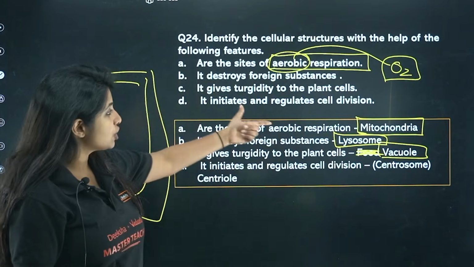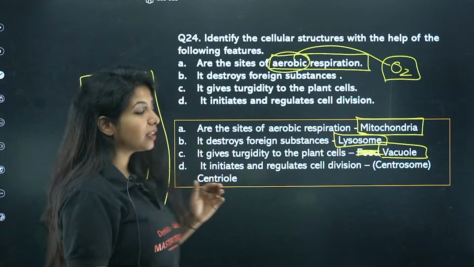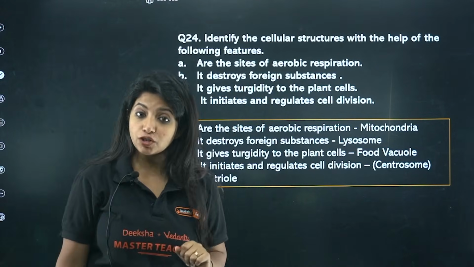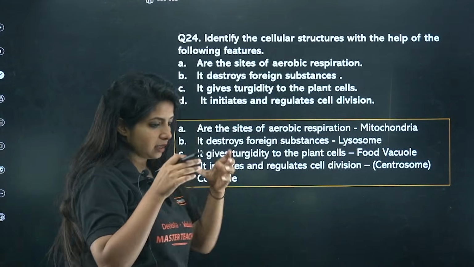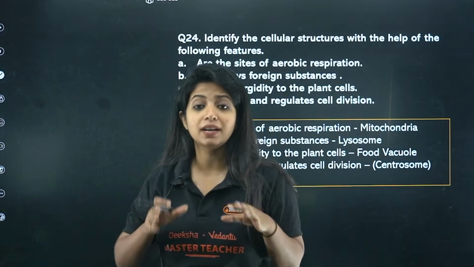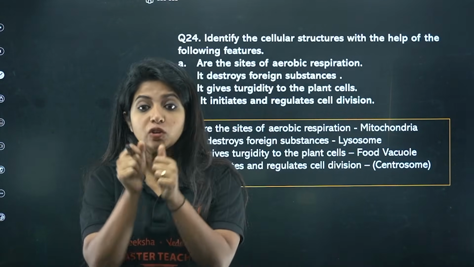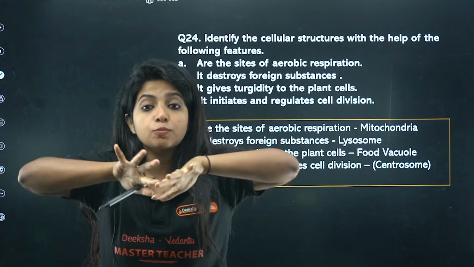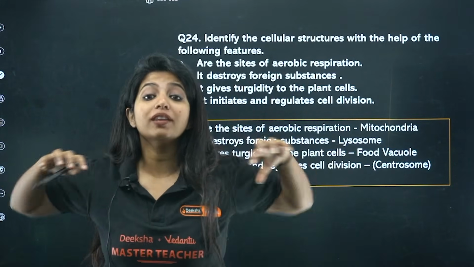Now, it initiates and regulates cell division. What do you think is going to help in the process of cell division? Cell division is a process where organelle duplication and all of this happen. Apart from that, my dear children, the chromosomes also need to be pulled about such that they can be spread equally. Now for that, what do you need?